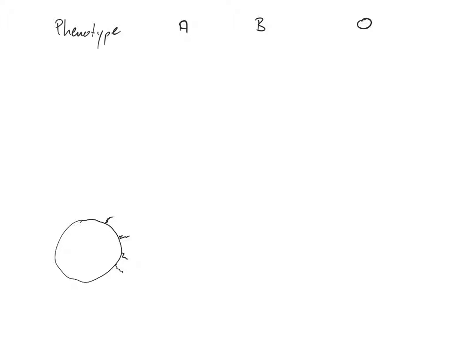Okay, so I'll just draw a line here. So it could be that we have protein A being produced, and that would give us this phenotype here, blood group A.